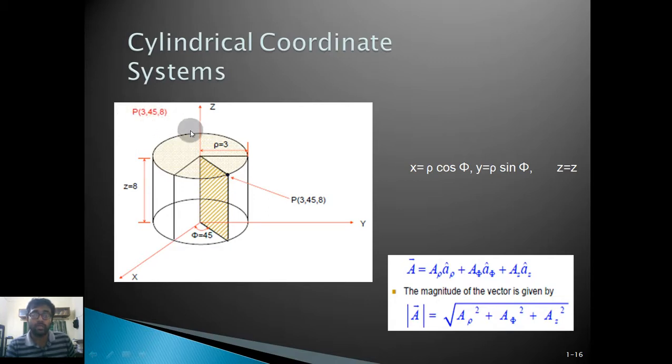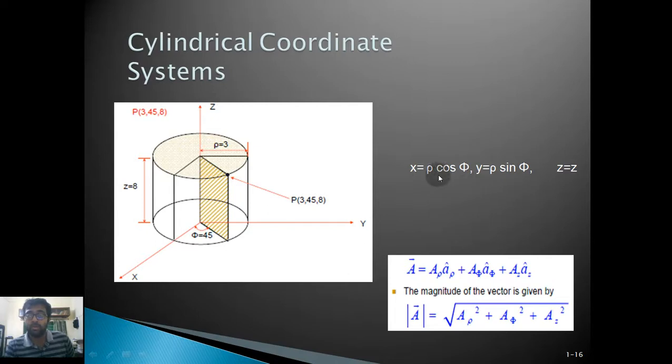Now the value 8 is nothing but the value of z, which will provide us a horizontal plane. So using these coordinates, we will get a perfect cylinder.